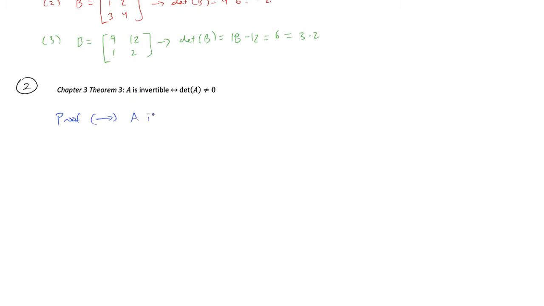So if A is invertible, it must be row reducible to the identity. This is the invertible matrix theorem. And we're going to make a note that if the determinant of A is not 0, then the determinant of B is not 0 if B is a row equivalent matrix.